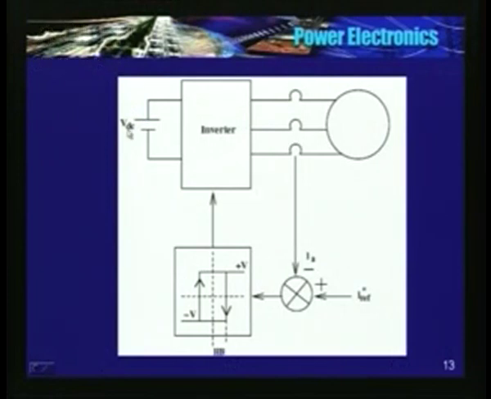A last point to be noted here is that this is an inverter, a voltage source inverter. Input is assumed to be an ideal voltage source, but then you are controlling the current flowing out of the inverter.